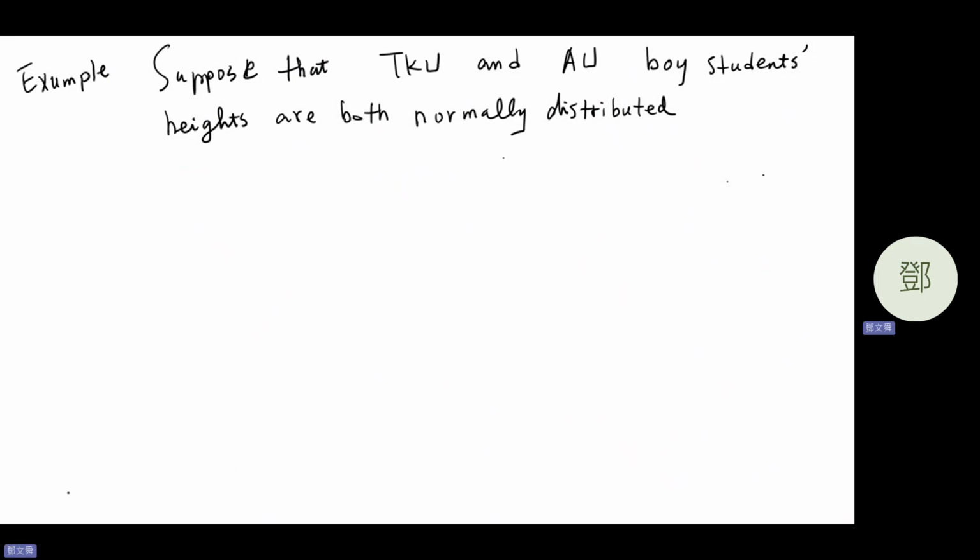Are both normally distributed, okay, with standard deviations 4 and 3.5 respectively.